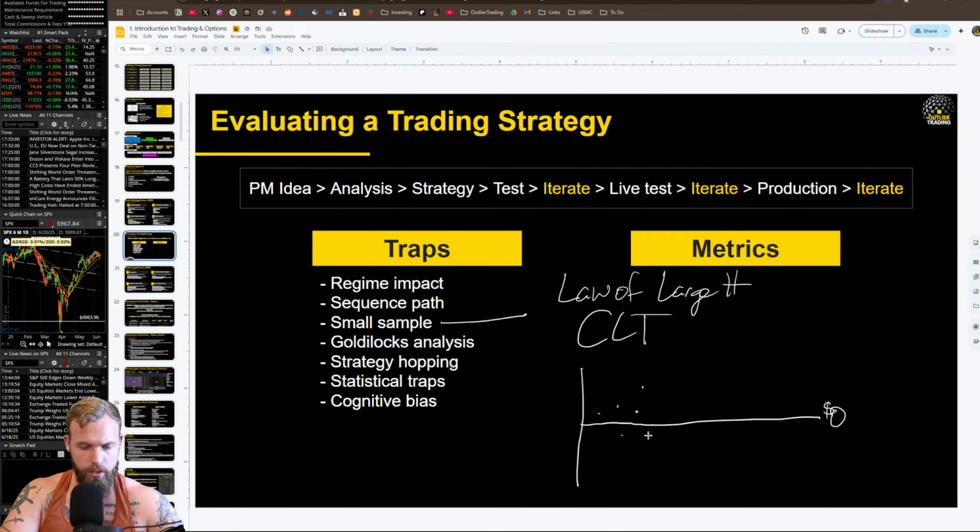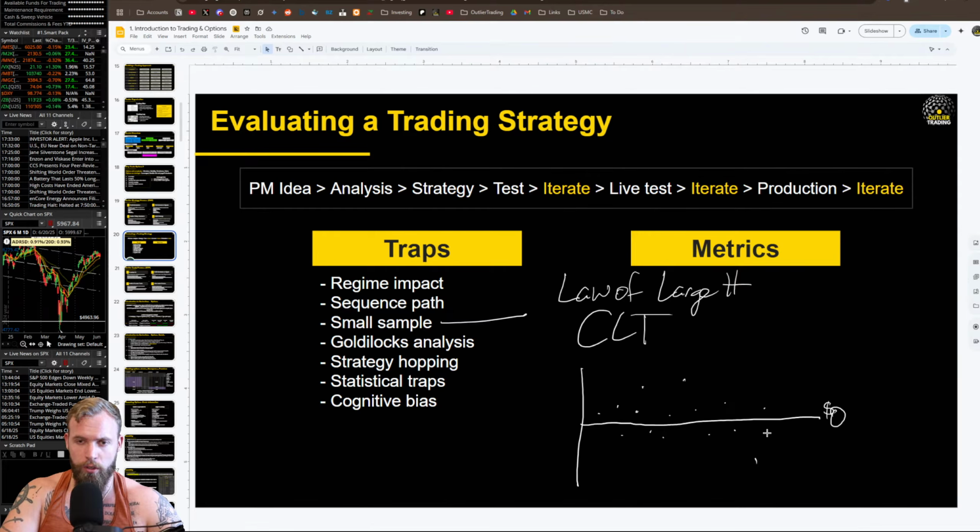I plot another 5 trades. Still looks pretty good to me. I plot another 5 trades. Starts to look a little more concerning. I continue this process over time.